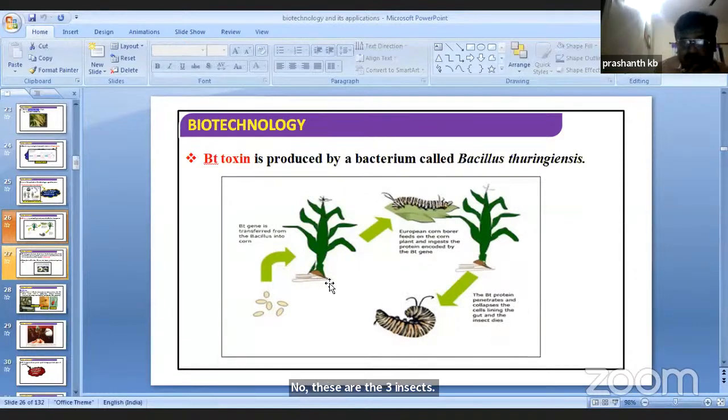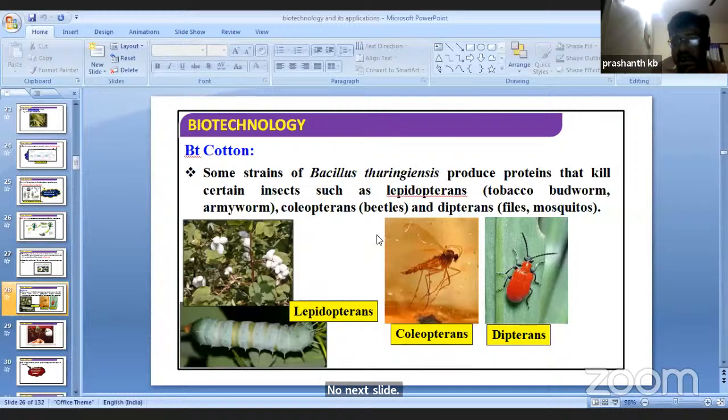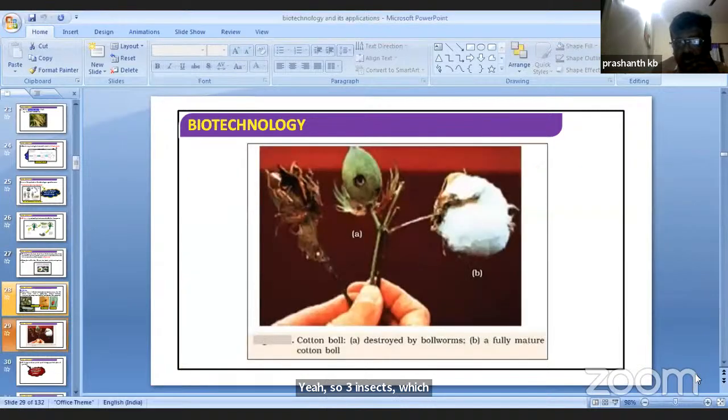Is it clear? Now, let's go to the next slide. Same thing again: the 3 insects which BT can kill. Bacillus thuringiensis. Okay. Next. This is the infected cotton.